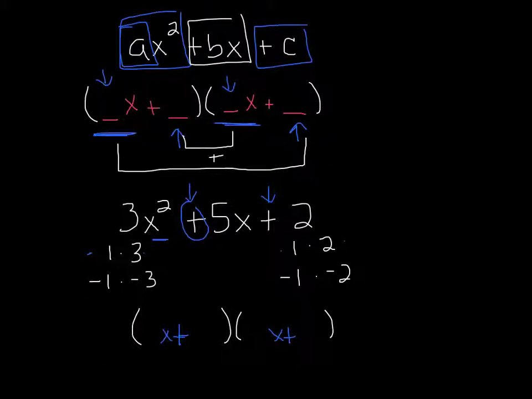So let's go ahead and look at it this way. We have 1 and 3 from the first coefficient, right? And we have 2 and 1 from the second coefficient. And if we were to multiply those together, you end up with 2 and you end up with 3. And if you add those together, you get 5.